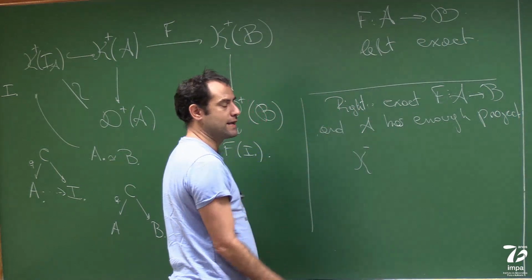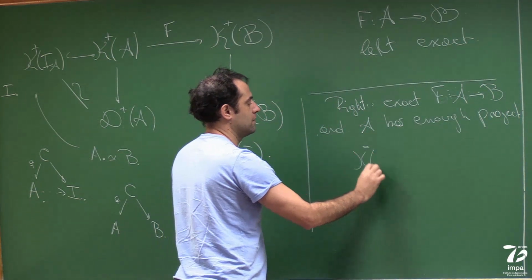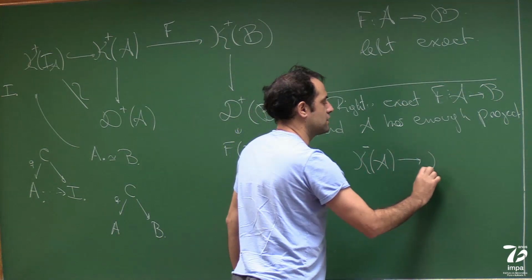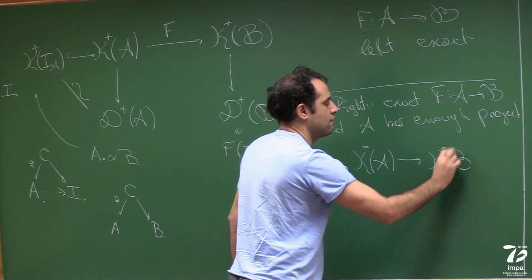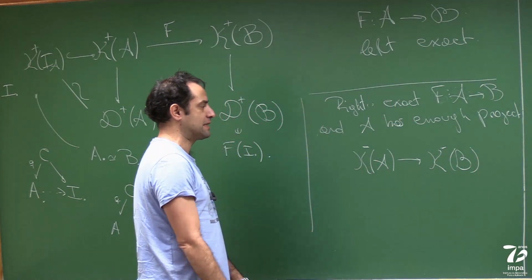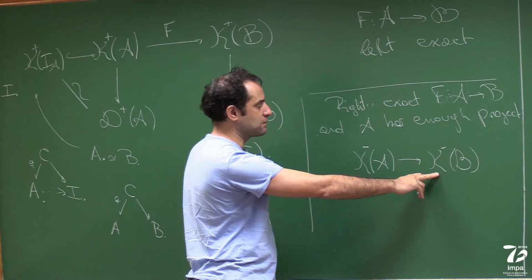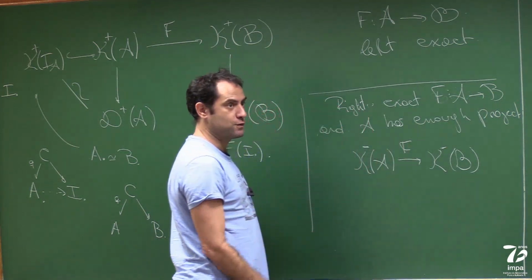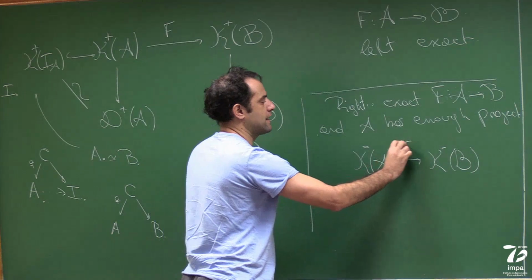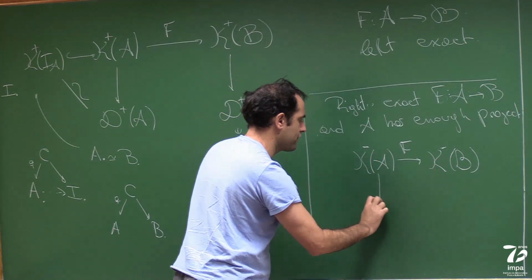It's just that now I'll take complexes bounded above. So the functor from the homotopy category of complexes in A bounded above to the homotopy category of complexes in B bounded above, which is applying F to each one of these objects, is an exact functor of triangulated categories.